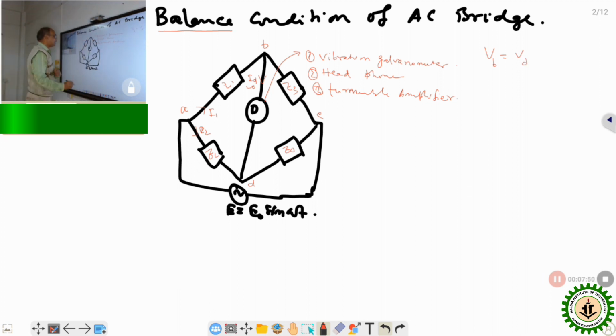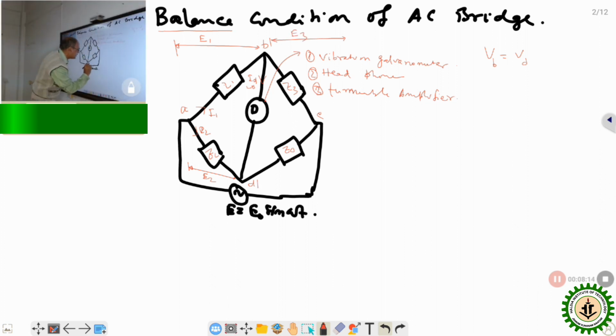Okay. That means the drop, if we consider the drop across this is E1. Here across this we are considering in general. Suppose this is the second arm, E2. Across this is E3.